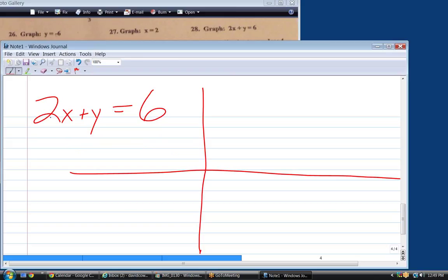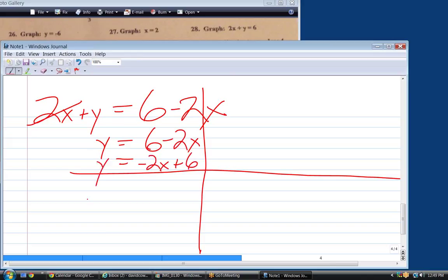So if I want to move the 2x to the other side, I just do that. Okay, now I have y equals 6 minus 2x, but I can rearrange that and put the x in front, minus 2x plus 6, and now I have it in mx plus b format. I'm going to start at 6. I'm going to have a negative 2 slope.